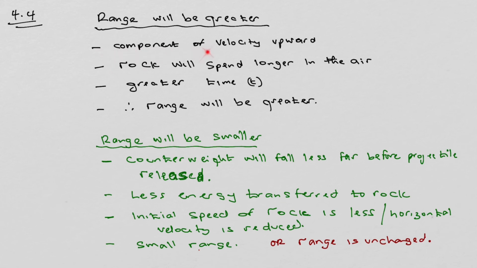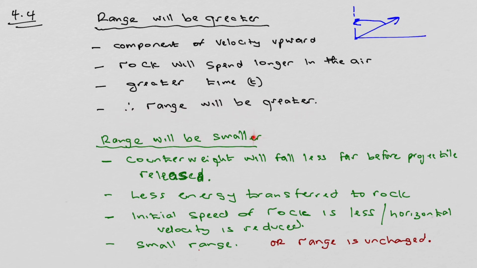For the greater range, we have to resolve the component of velocity upward, because we've got a projectile. So the rock will spend longer in the air, giving a greater time t, because it will take longer to get to the distance, and the range will be greater.